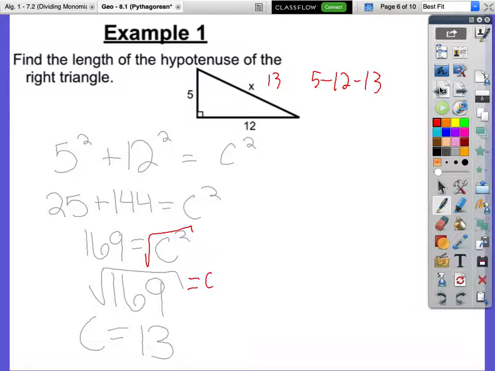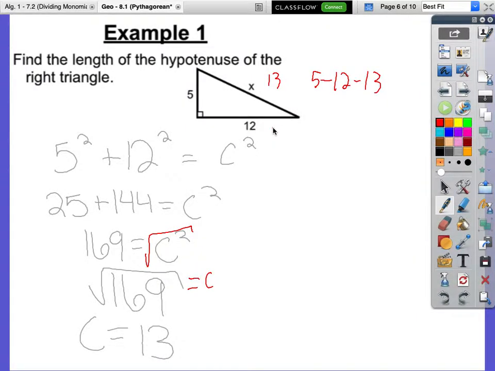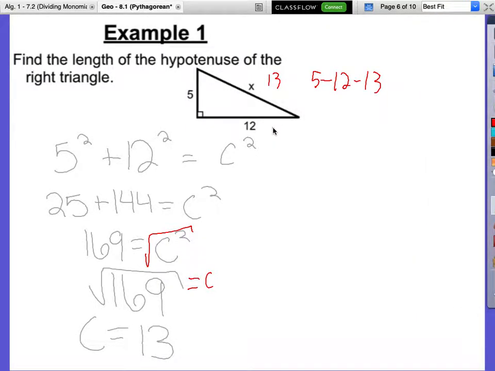Or if you're given 5 and 13 and you're looking for a leg, it has to be 12. The Pythagorean triple can be a shortcut to help you find it, if you don't want to do the theorem and you recognize it.